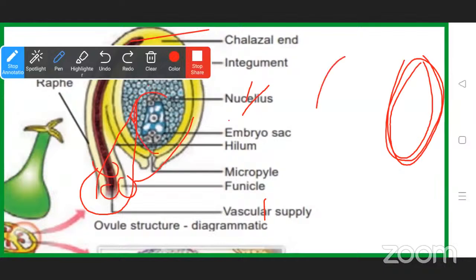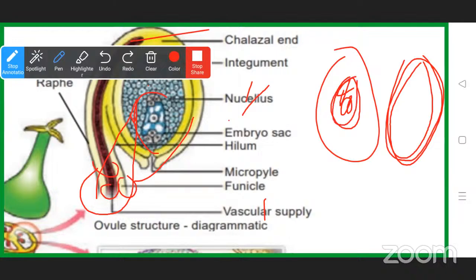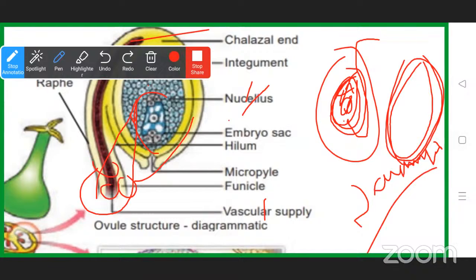Endosperm will be formed after double fertilization, that means triple fusion. Triple fusion means two polar nuclei fusing with one male gamete. Three nuclei are fusing. This triple fusion was discovered by Nawaschin.